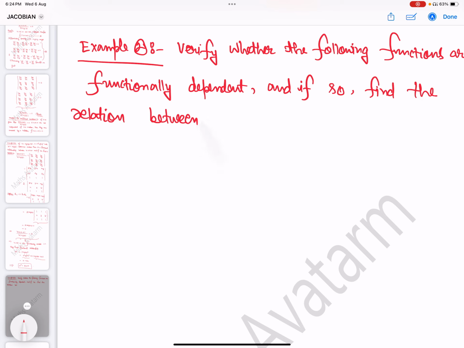Solution. So functionally dependent means they are functionally related or they have a functional relationship.